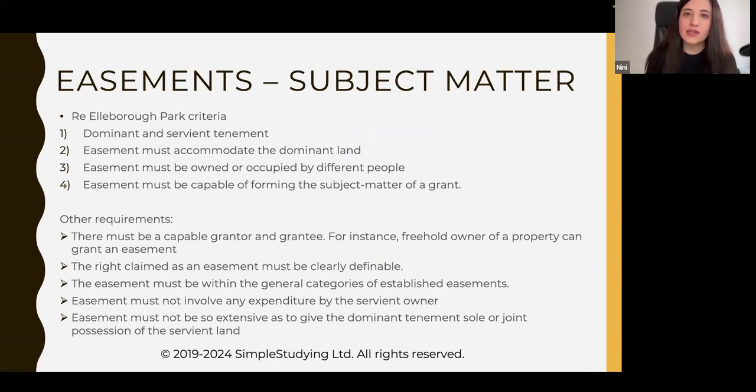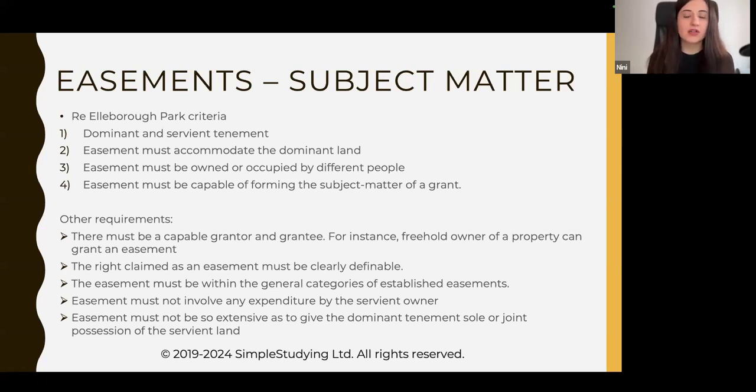Now let's review easements. Very challenging topic for most of the students. It's not as hard as it looks, as long as you know the structure. When you start talking about easements, you have to start with the subject matter. So what is an easement? Just define it. And then apply the Re Ellenborough Park criteria.